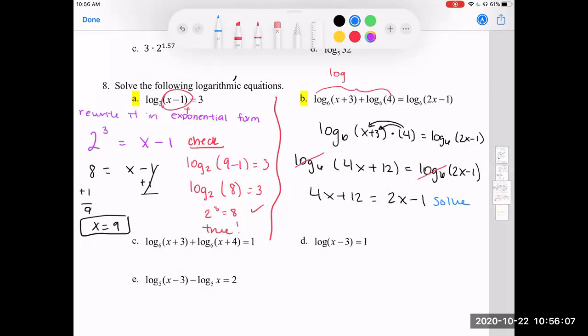All right, so let's go ahead and solve for x. So we have minus 2x, minus 2x. We're left with 2x plus 12 is equal to negative 1. Subtract 12, subtract 12. We have 2x is equal to negative 13. Divide by 2, divide by 2, x is equal to negative 13 over 2.